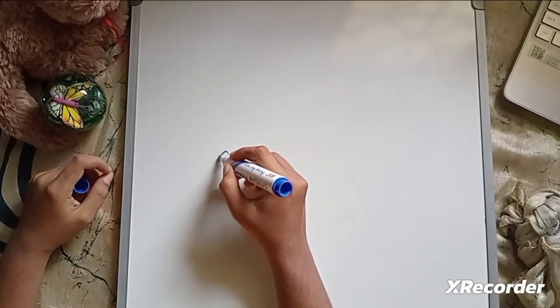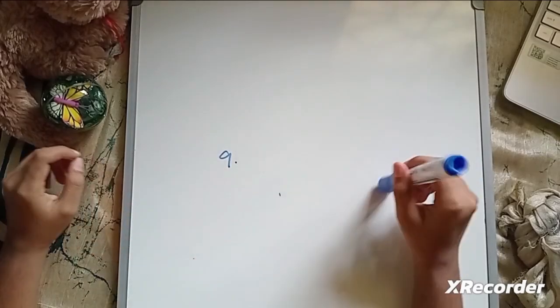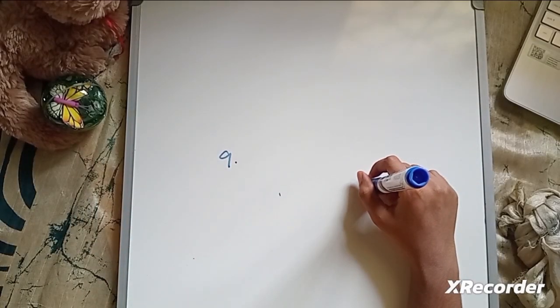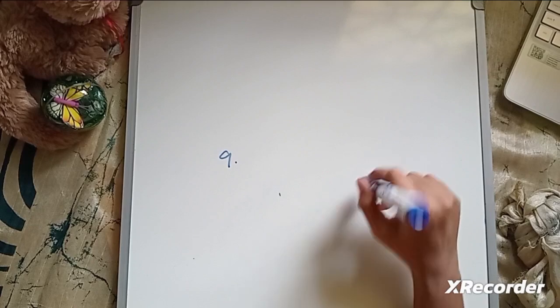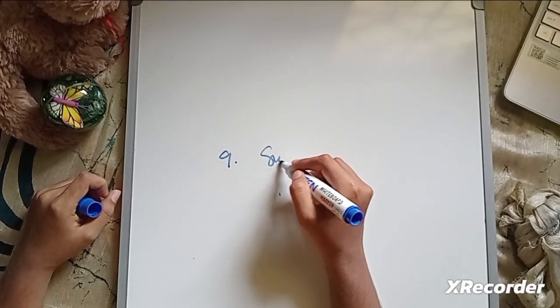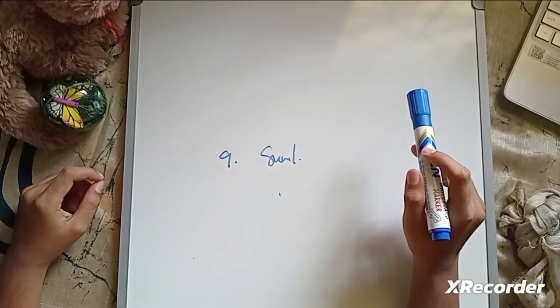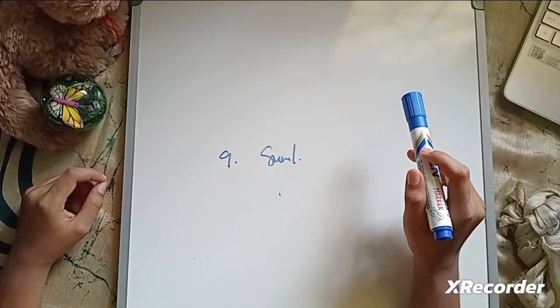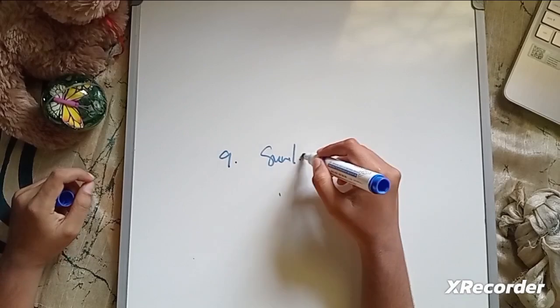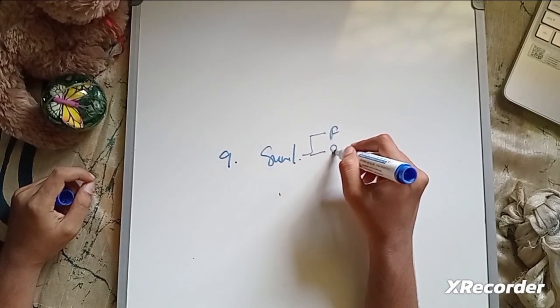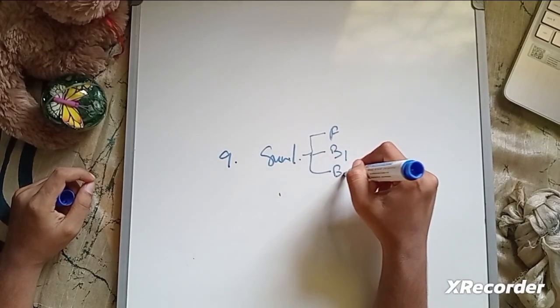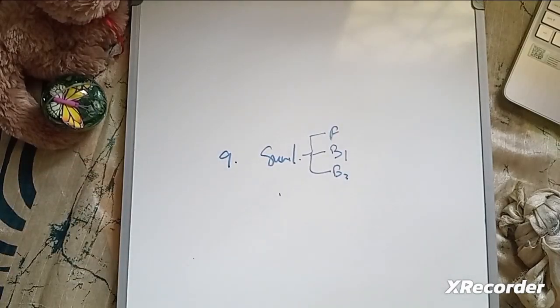Then the ninth question, they are saying Sunil stays in a hostel. Only his father and two brothers will participate in Sunil's birthday party. Father and two brothers. Brother one, brother two. If the probability of each of them arriving first is the same.